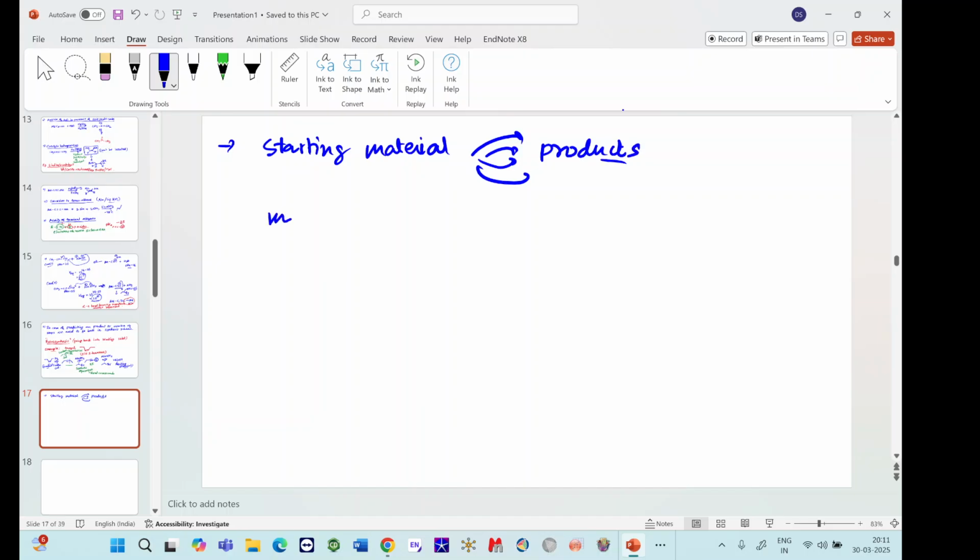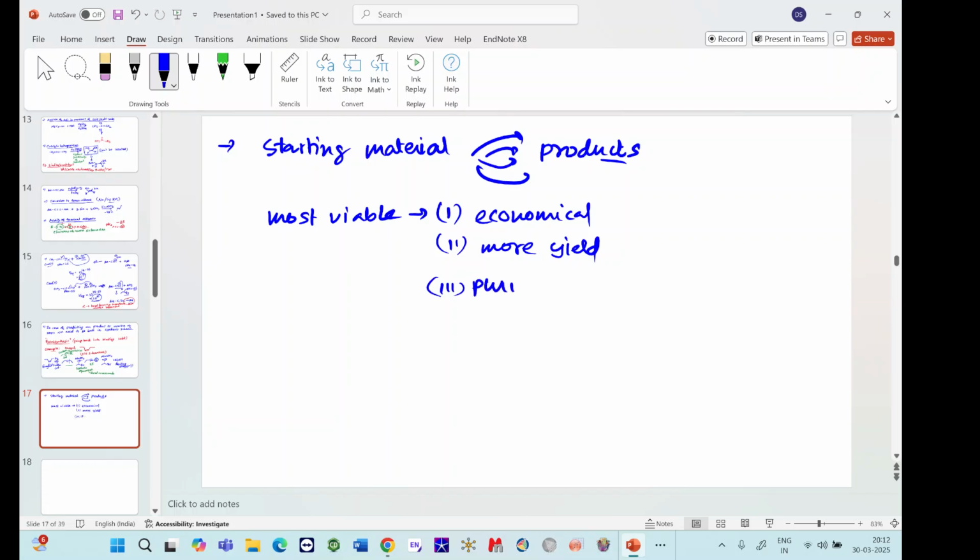But the most viable route is decided by: one, it should be economical; second, higher yield; third, purity; and fewer number of steps, which comes under the economical part.